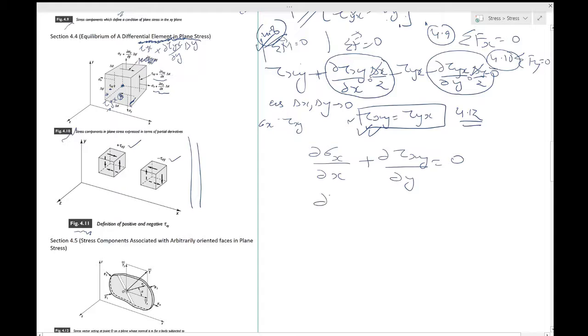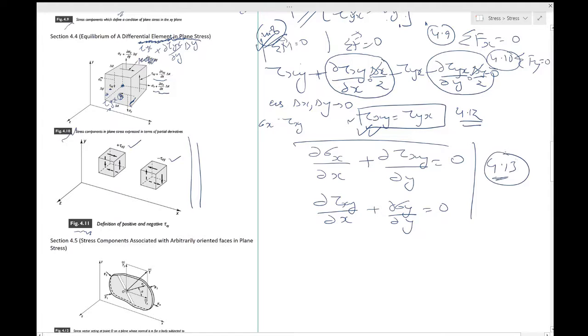So this is 4.13, and you have essentially done this by using 4.12 in those equations.